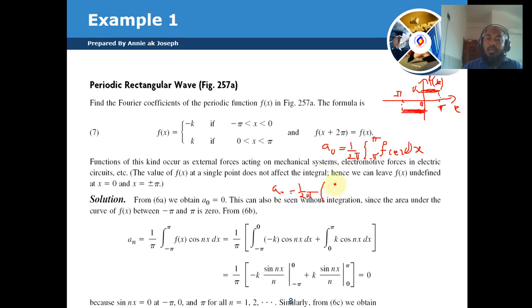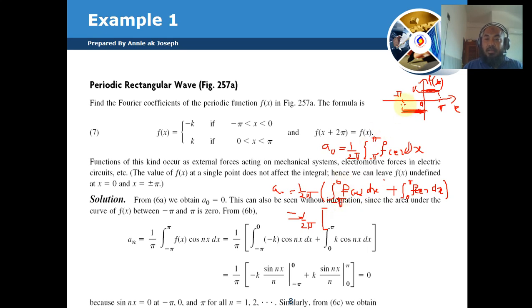So we split this into the integral from minus pi to 0 of f(x) dx, right? And plus the integral from 0 to pi of f(x) dx. Correct? So we will get 1 divided by 2 pi times the integral of f(x) dx from minus pi to 0.